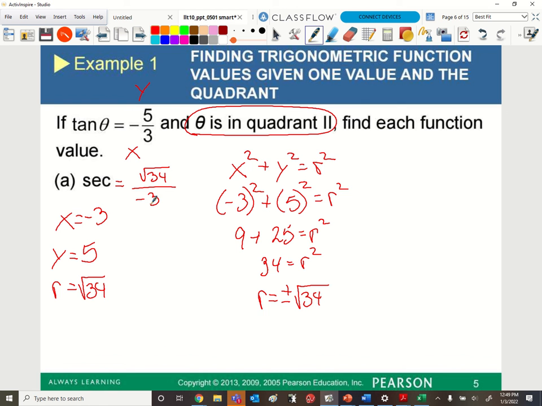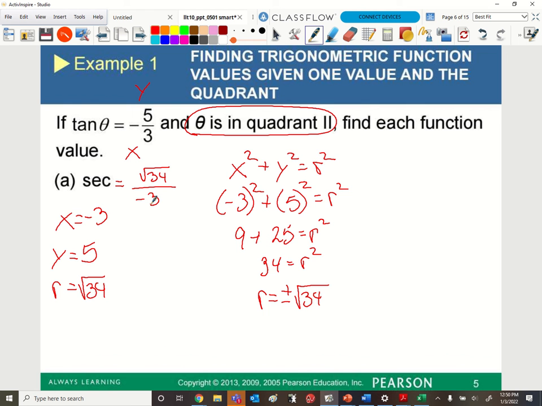So we actually did the same problem, I think back in unit 1 or 2, when we first started doing x's, y's, and r's. That's the reason why I keep doing it the same way over and over again. Use x, y, and r over and over again instead of actually making more work for yourself. Does that make sense or nonsense?